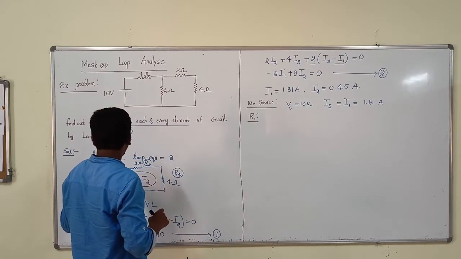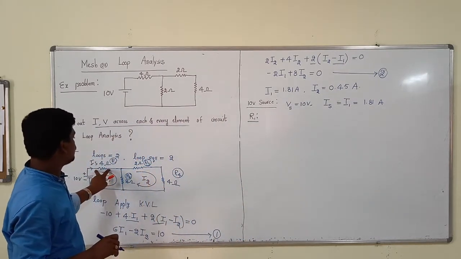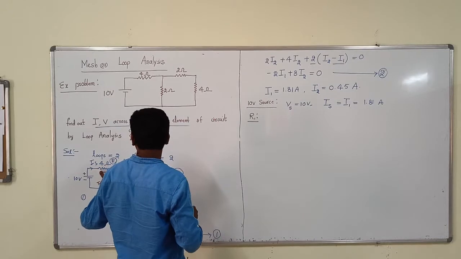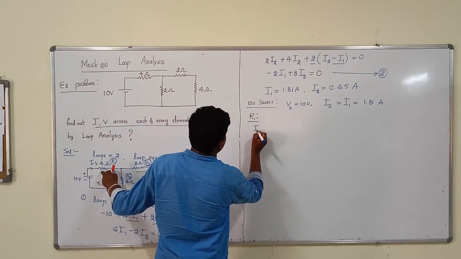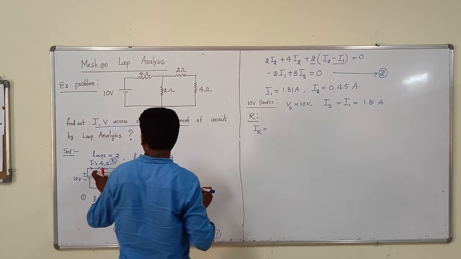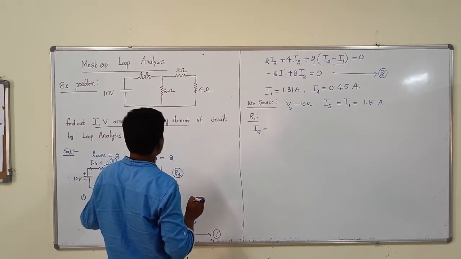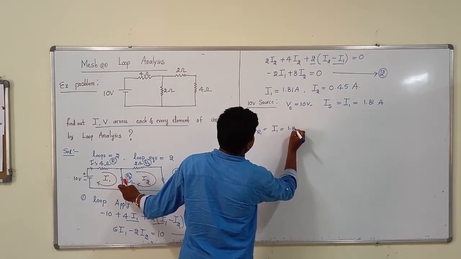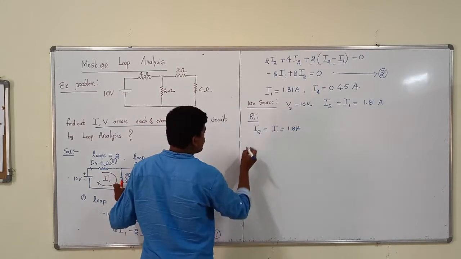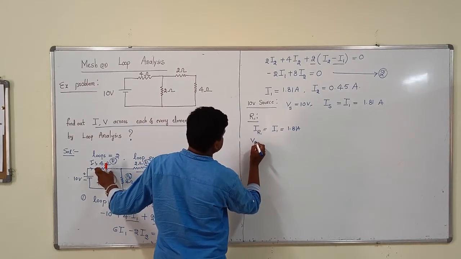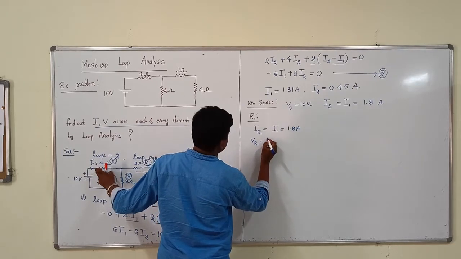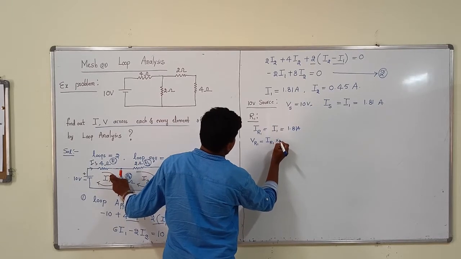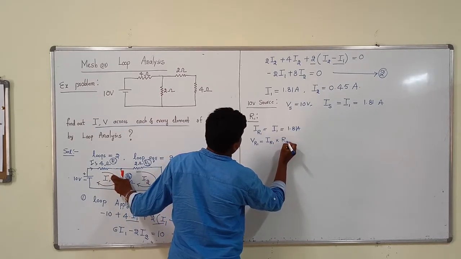In order to find out the voltage, what is voltage? Voltage is current into resistance. First, the current across R1 is simply the current flowing here. I1 is flowing here. What is the I1 value? Again 1.81 amperes. What about the voltage across R1? Voltage across R1 is the current across R1 and the resistance of R1.